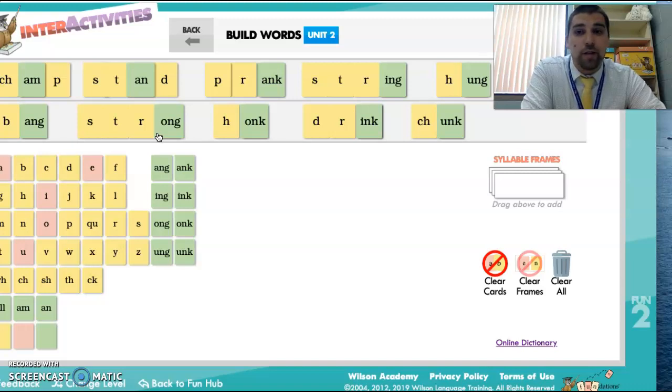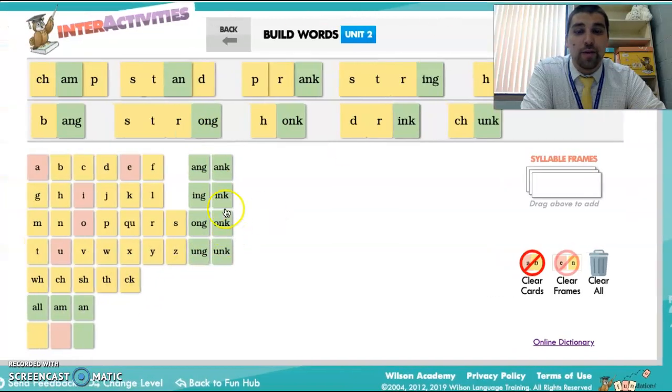Or if you want to use your whiteboard, you can pause it right here so you can see these, but look at the glued sounds. And see if you can come up with as many words that have these glued sounds in them, like the word chunk. Instead of saying chunk, you could say trunk, like TR, trunk.